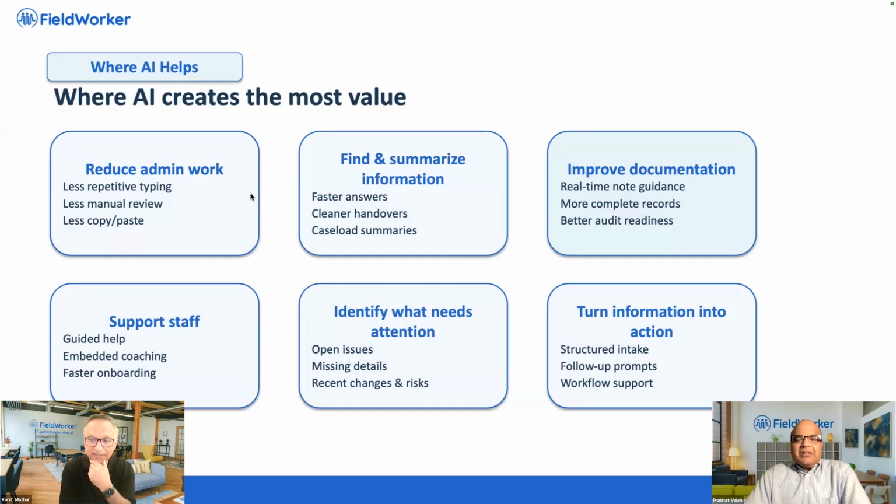Now, there are various different ways to deal with that kind of situation. Do you want AI to be a helper, or do you want AI to take a decision for you? Where we stand, as a field worker, what we are trying to do is be a responsible help, someone that would help you do your job better, but will not make a decision for you.